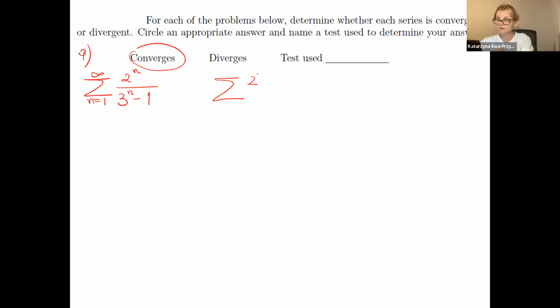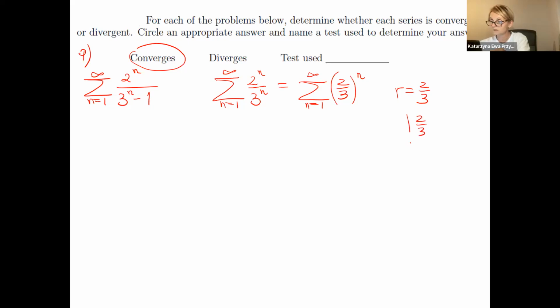Smaller, greater, I'm just thinking. We can definitely grab the leading terms and it ends up being a geometric series with the common ratio 2/3. The absolute value of 2/3 is less than 1.